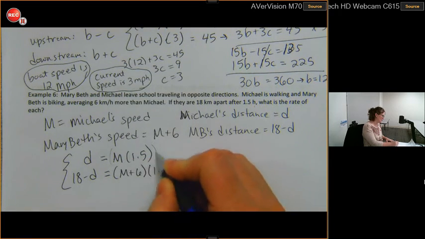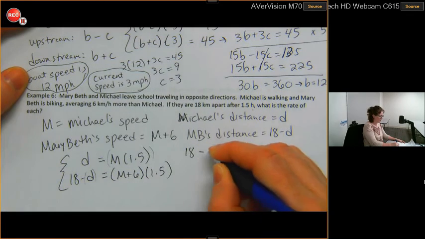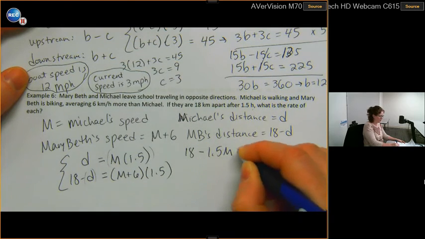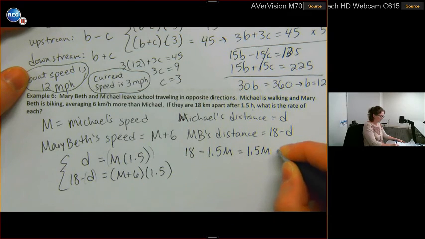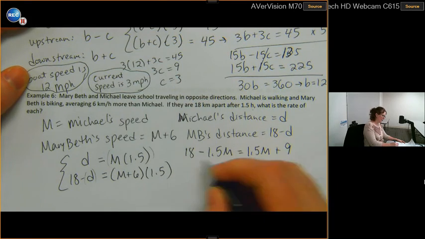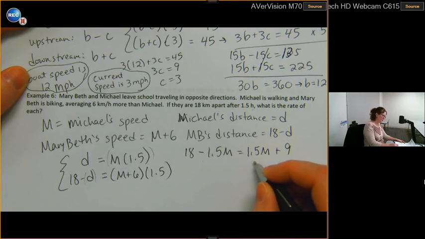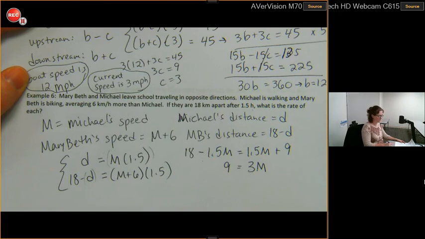I can substitute this in place of the d. I'm going to have 18 minus 1.5 m. I'm going to distribute and get 1.5 m plus 9. Get my 1.5s together. I'm going to add 1.5 over to the right. I'm going to subtract 9 to the left.